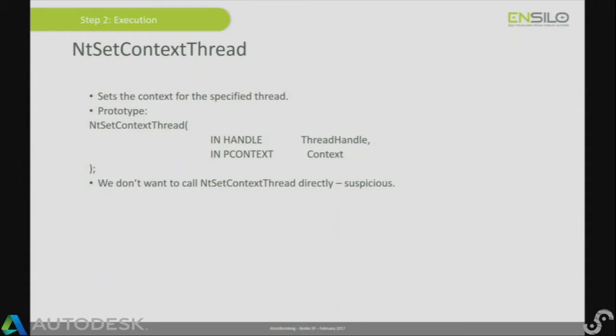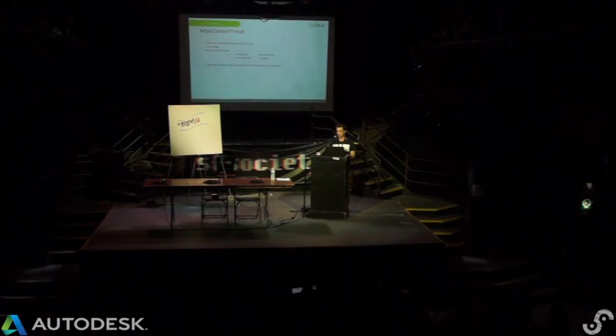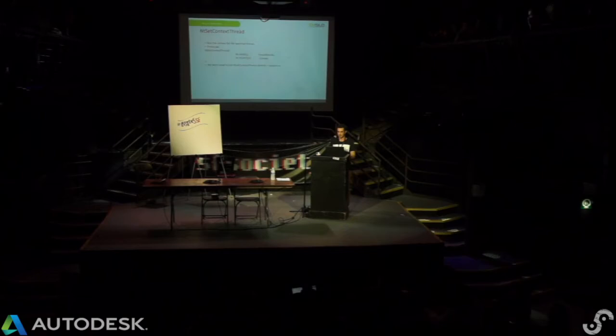However, we don't want to call NtSetContextThread directly, because this system call is quite suspicious. If we have a process under our control that's trying to change the context of a thread within the address space of another process, then that's very suspicious, and many anti-malware solutions will flag that.